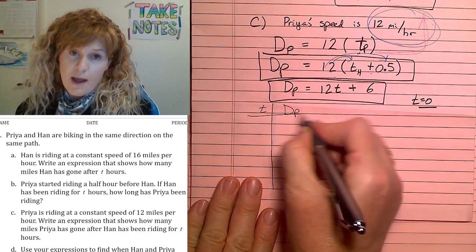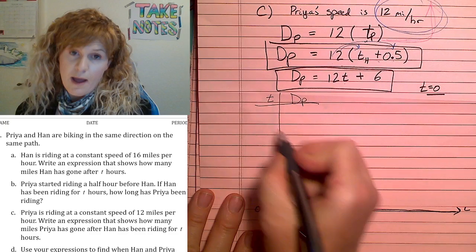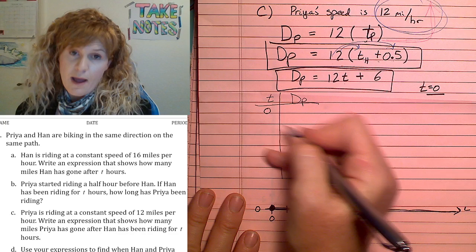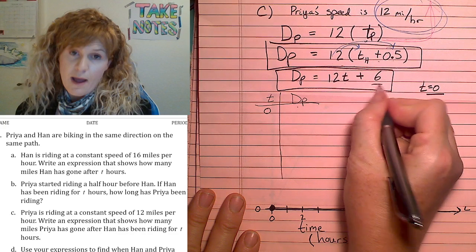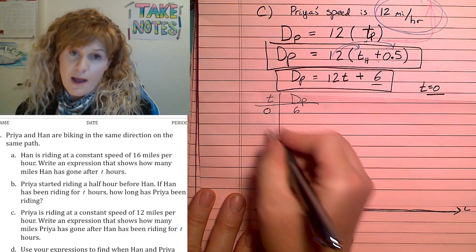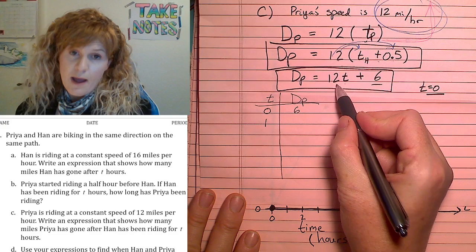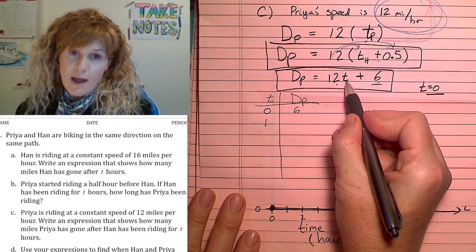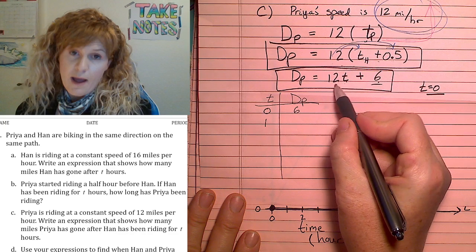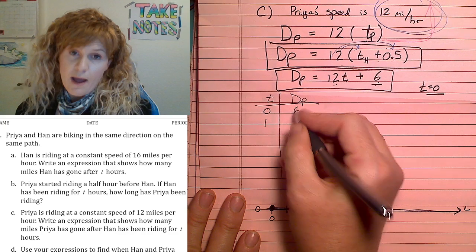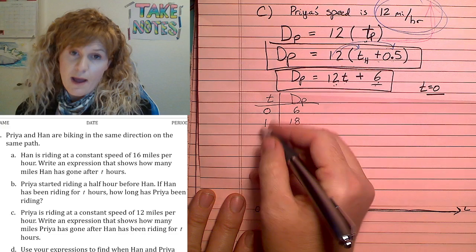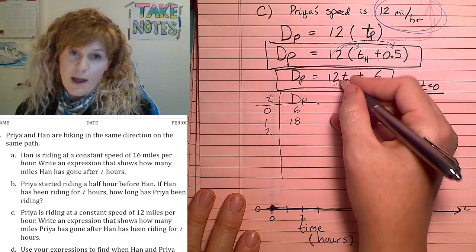always make a data table if you're not sure where the numbers come from. So at 0 hours, Priya has already gone 6 miles. After 1 hour, she's gone 12 plus 6, because t equals 1. 1 times 12 is 12. So 12 plus 6, she's gone 18 miles after 1 hour. After 2 hours, now I'll write this one out.